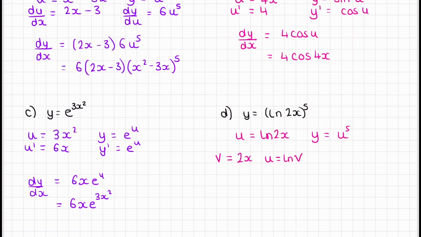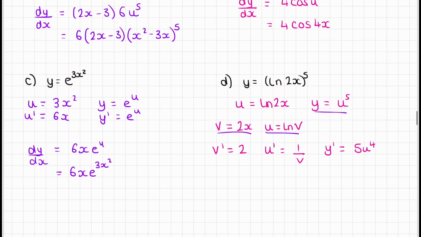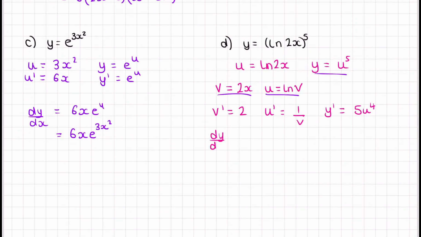Now we have three equations, a v, a u, and a y, that we need to find the derivative of. v dash, the derivative of v, will be 2. The derivative of u, ln v, will be 1 on v, and the derivative of y would be 5u to the power of 4. Then once we've got this, we just need to multiply all three together. So our dy over dx will equal 2 times 1 on v times 5u to the power of 4.